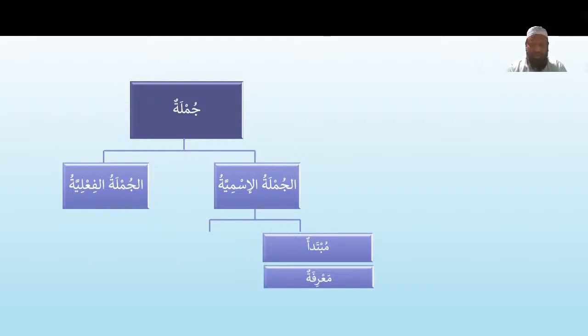When we look at the rules of jumla ismiya, we learn that mubtada is generally ma'arifa. The second part is khabarun. What are the rules of khabarun?